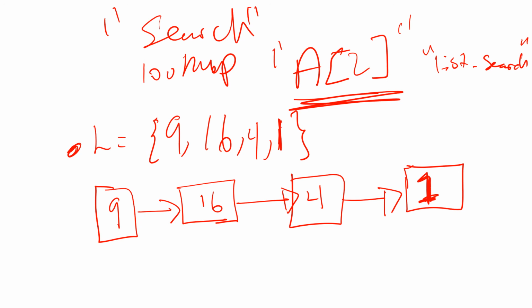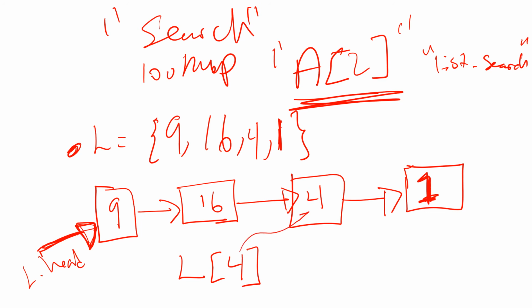Okay, so I have a reference here to the head. I know the address of this node. I know how to get to number 9. So if I call, and again, I'm just going to use this notation, list of 4. This isn't saying give me the fourth element. This is saying give me the element with key 4.